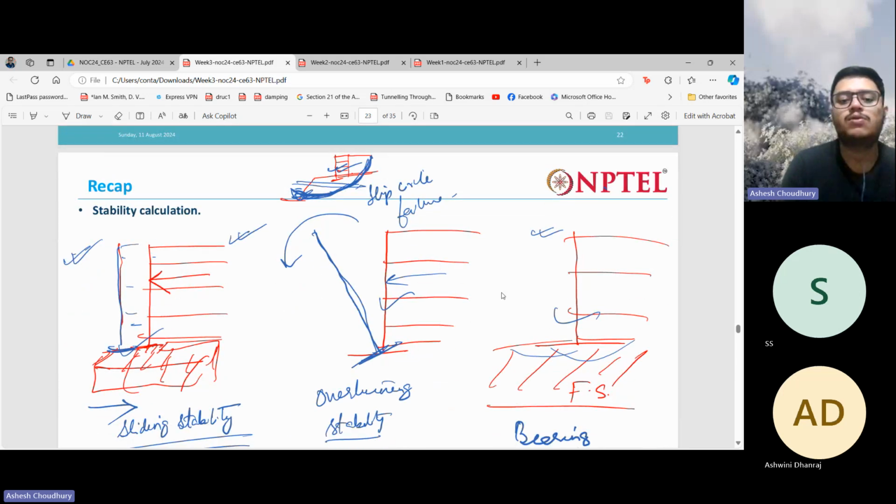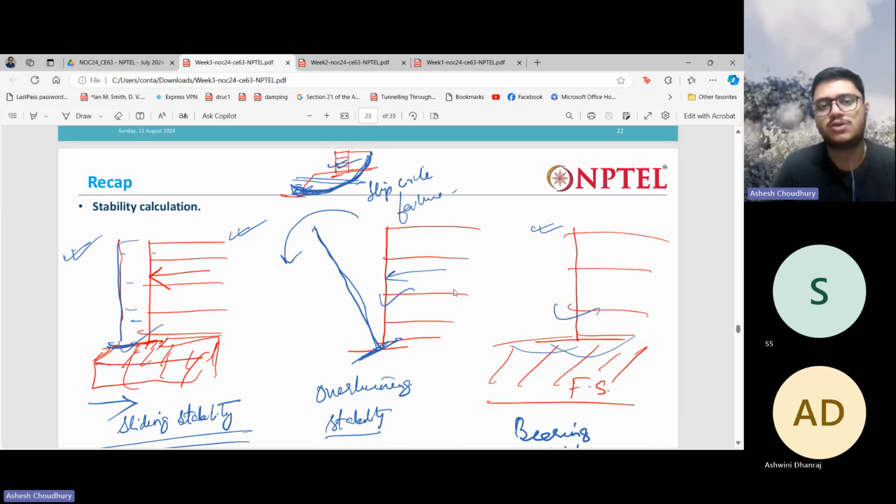Then we have stability calculation. These are the external stability calculations that you have to consider. You have the sliding stability, the overturning stability, and the bearing capacity, right? All these three are the basic ones. Apart from that, you also have the slip circle failure, which you should also check while you design a reinforced earth structure.